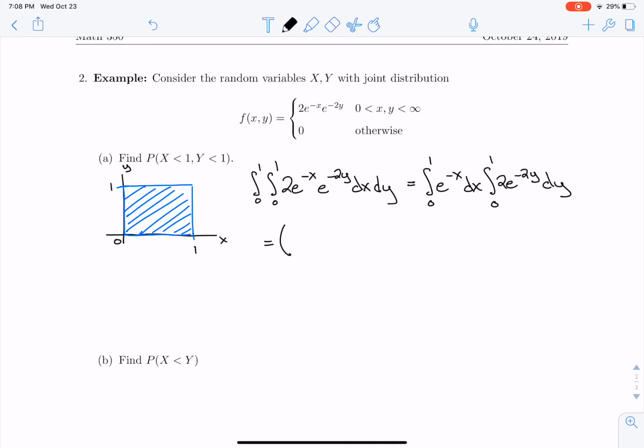The antiderivative of e to the minus x is minus e to the minus x, evaluated between 0 and 1. And the antiderivative of 2e to the minus 2y is minus e to the minus 2y, again evaluated between 0 and 1.